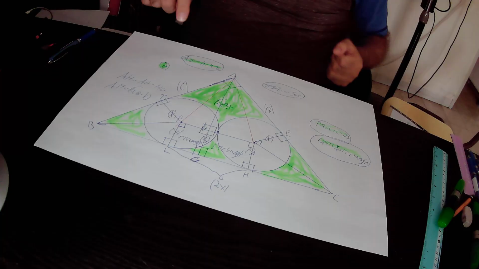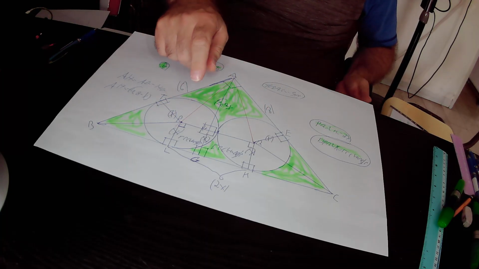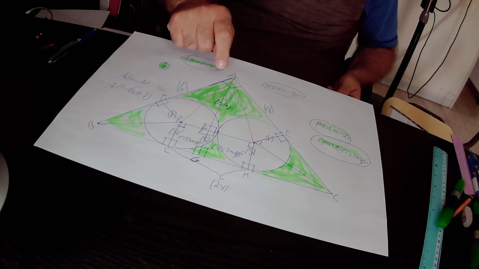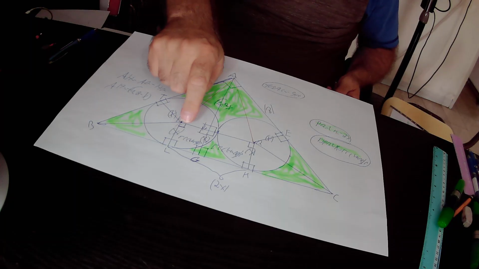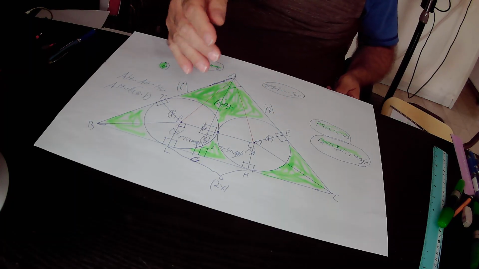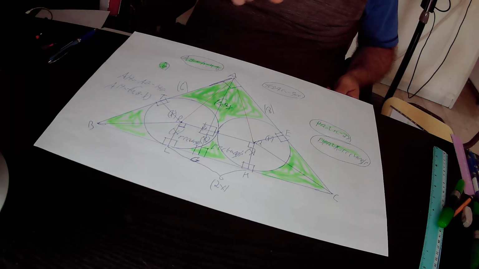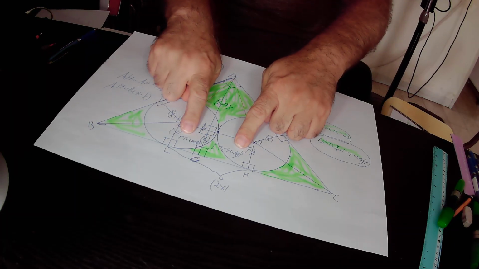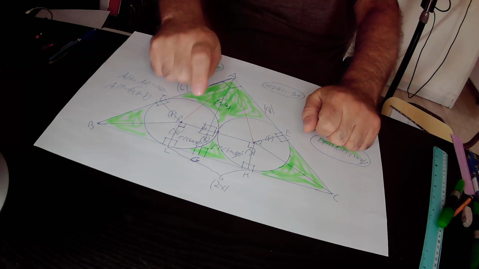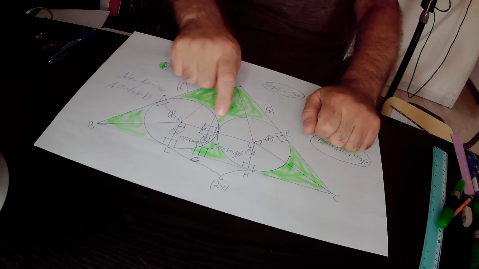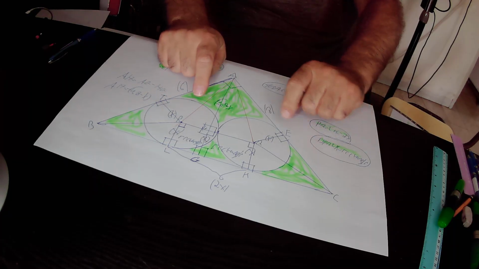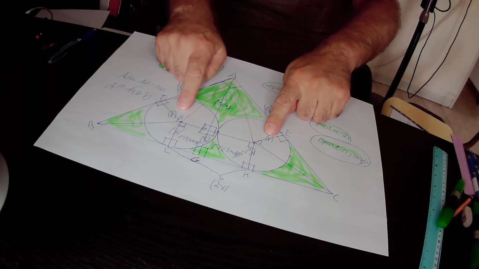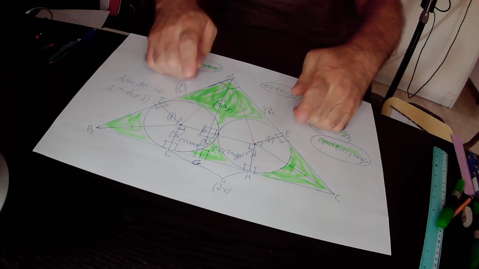Again, PQ equals 2x, LK equals 2x, and as I mentioned before, PQKL is a rectangle. So we have 3 rectangles, those 2 small rectangles and the big one.